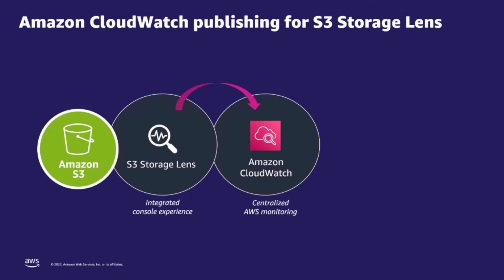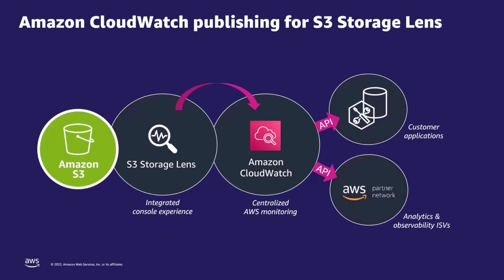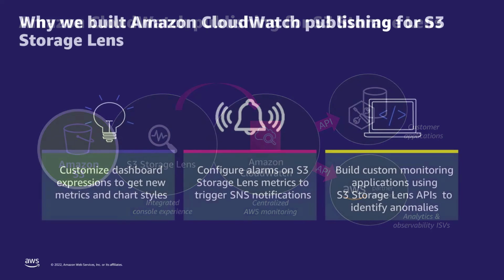I also want to call attention to the fact that many customers today use the in-console experience for Storage Lens, but we've gotten feedback that customers want to integrate Storage Lens metrics into their own tools. For that reason, we integrated S3 Storage Lens with Amazon CloudWatch so that customers can consume S3 Storage Lens metrics in the tools that they prefer.